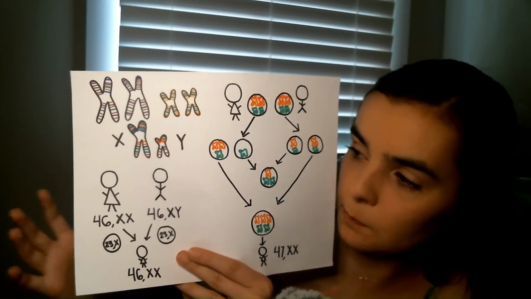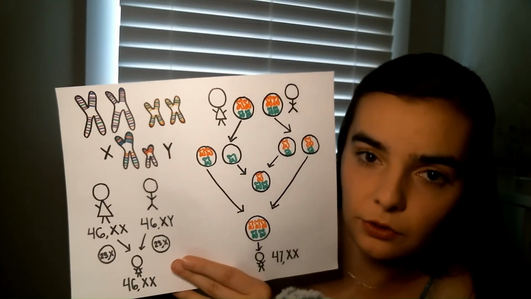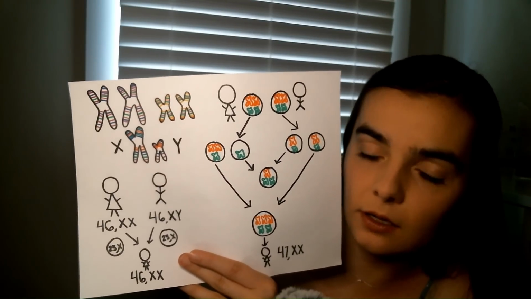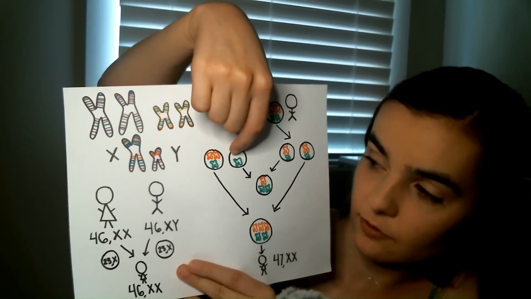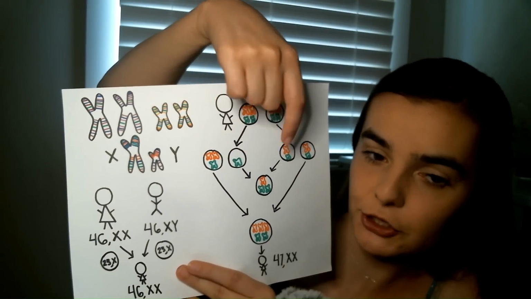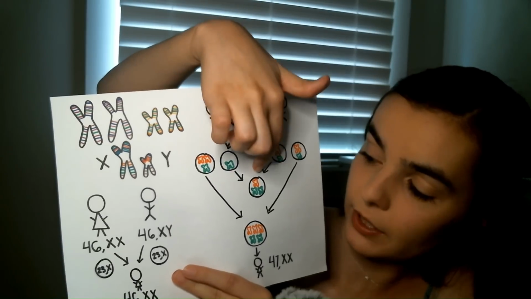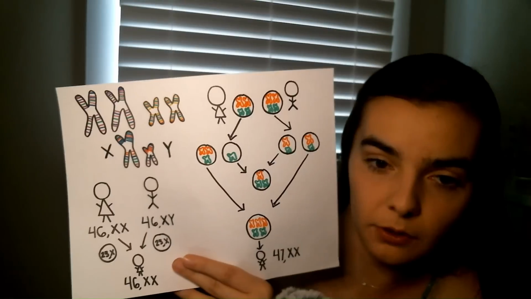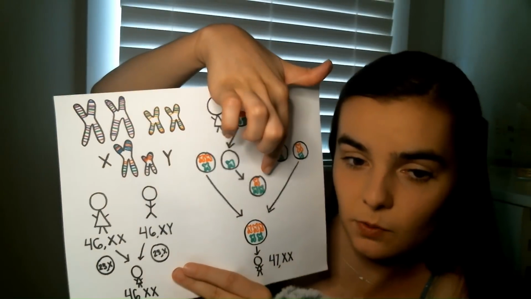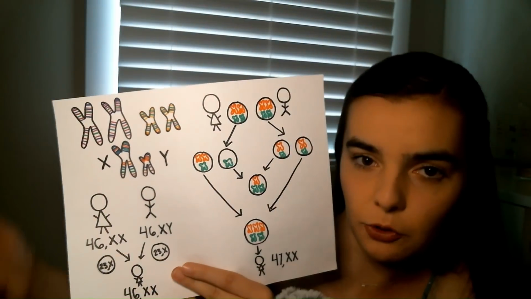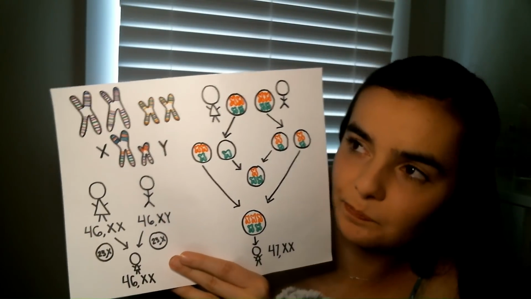Each one has 1. But now when we go to form a zygote or a baby, now if this egg merges with this sperm, we are going to get only 1 orange chromosome, because this one has none, this one has 1, so just 1, and then our normal 2 green ones.